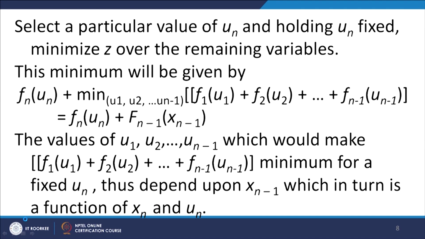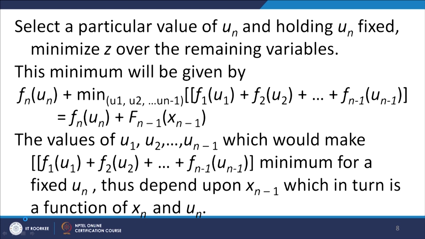Now we will select a particular value of u n, and holding this u n fixed, we will minimize z, which is the objective function, over the remaining variables, and this minimum will be given by f n u n plus the minimum over u 1, u 2, ..., u n minus 1 of f 1 u 1 plus f 2 u 2 plus ... plus f n minus 1 u n minus 1, which is actually equal to f n u n plus capital F n minus 1 x n minus 1.